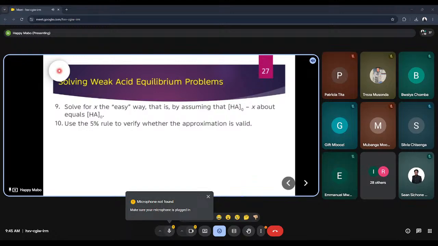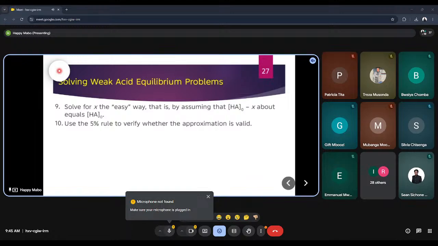And you take this assumption when the value of Ka that is given is small. But sometimes it may not be small enough for that assumption to be warranted. But how do you know then that your assumption is a warranted one? You have to test. You calculate that percentage. If it is less than 5%, well and good. If it is equal to 5%, it is still okay.